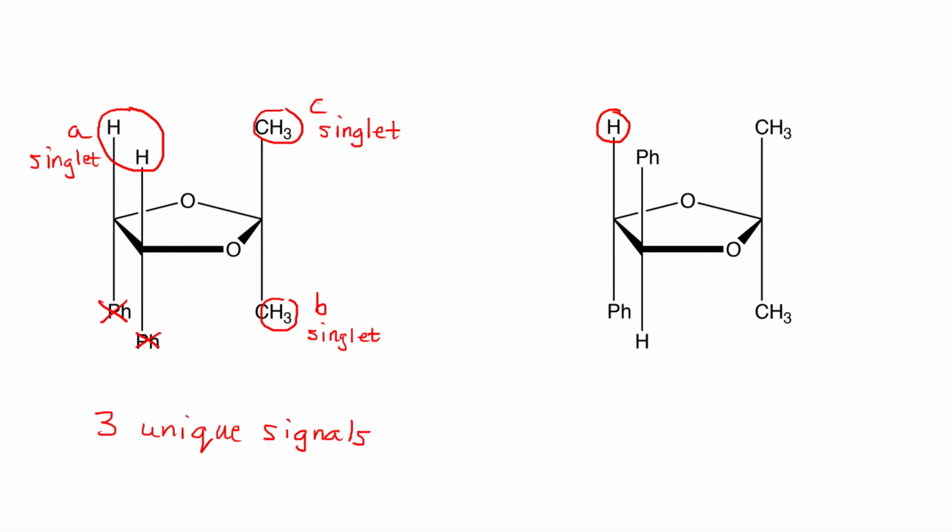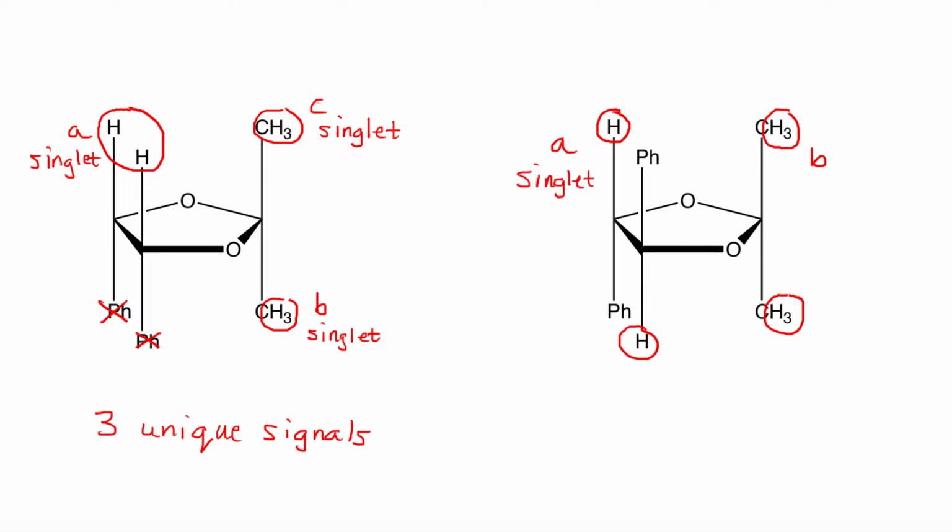These two protons here share the same chemical environment, so therefore we would expect to see one signal for the two of these protons, and we would also expect to see a singlet because there are no neighboring protons near this signal. Now the methyl protons are also in the same chemical environment.